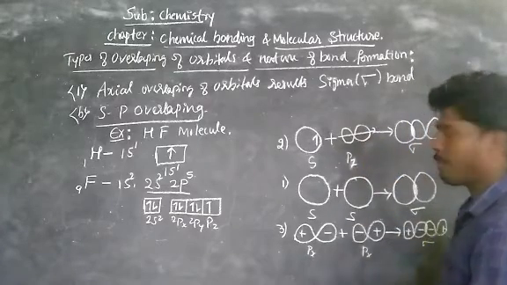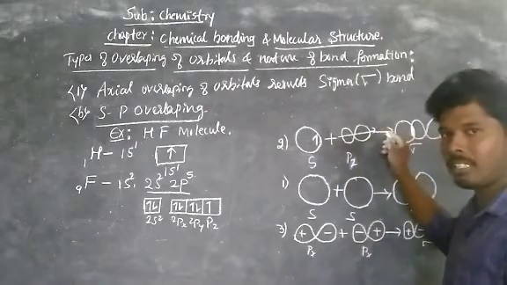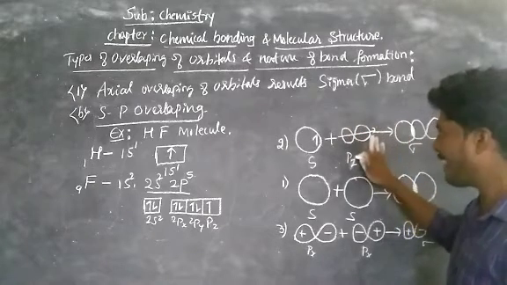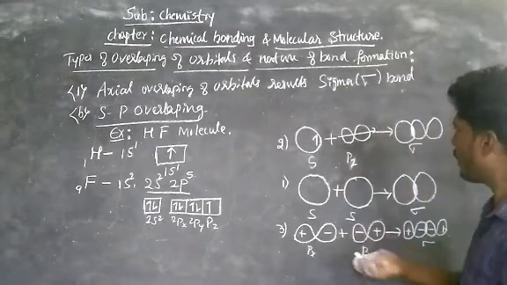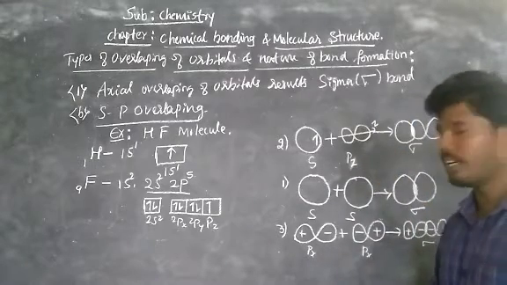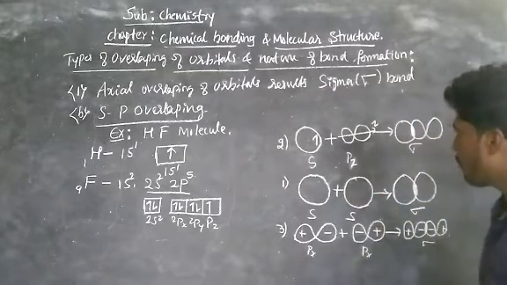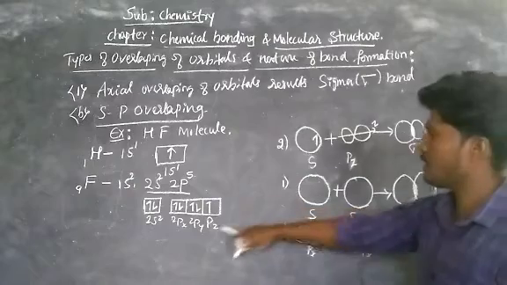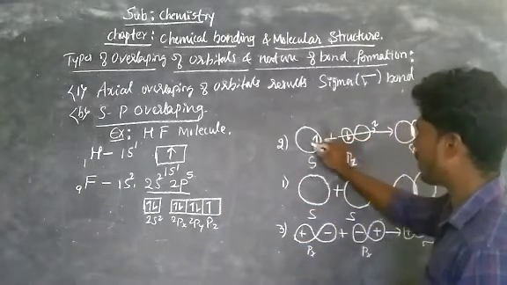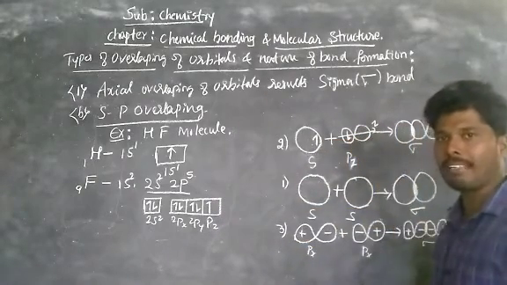That is just for our convenience we are writing it like that. Now let us assume this is the z axis and pz. The orbital is present on the z axis. Here in the pz orbital there is only 1 electron, that is down spin. One is up and one is down. You have to write like that.